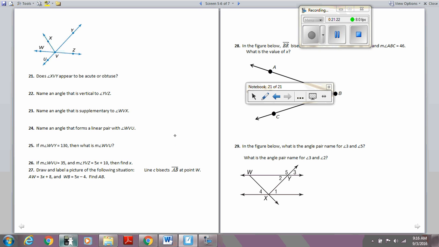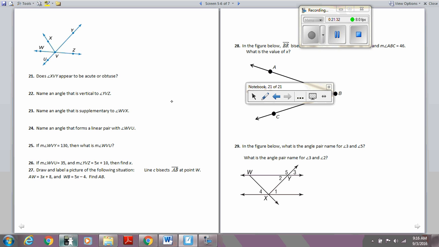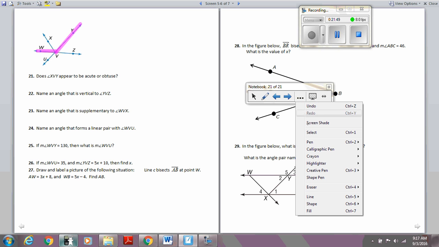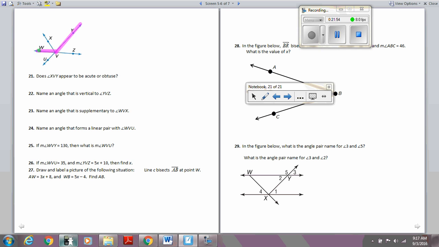Number 26 says the measure of WVY, let's highlight that real quickly, WVY is 130. Then what is the measure of angle WVU?